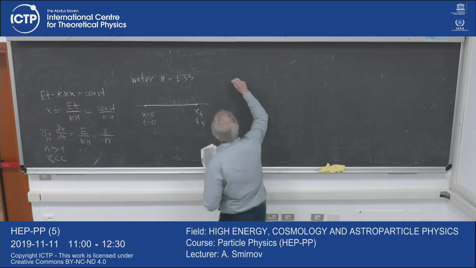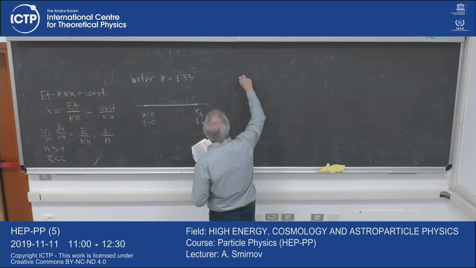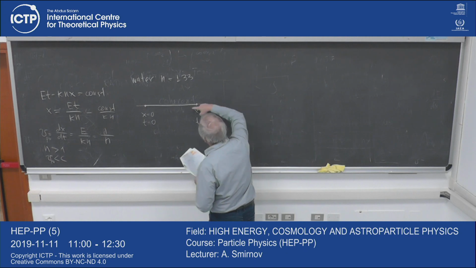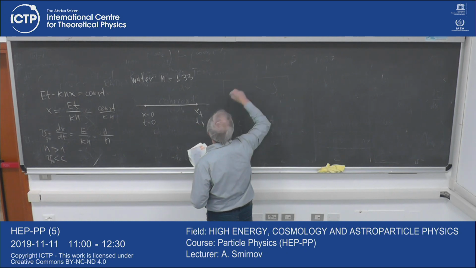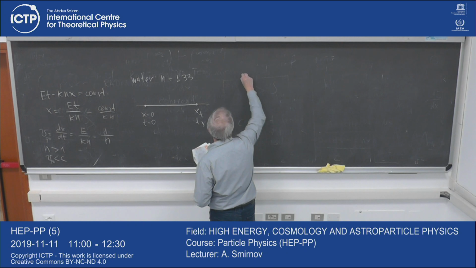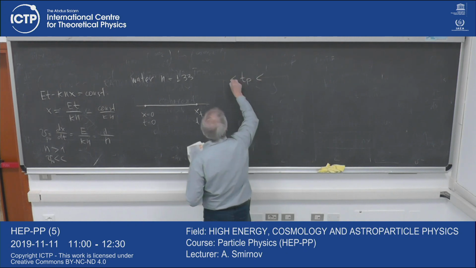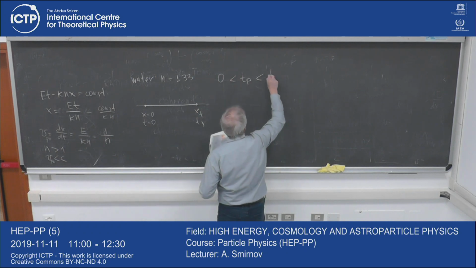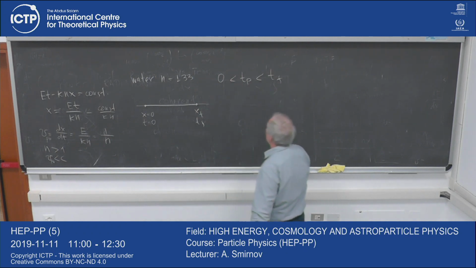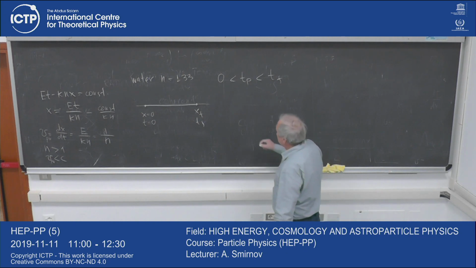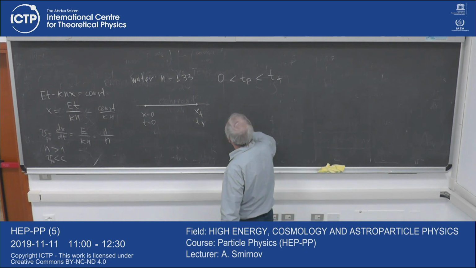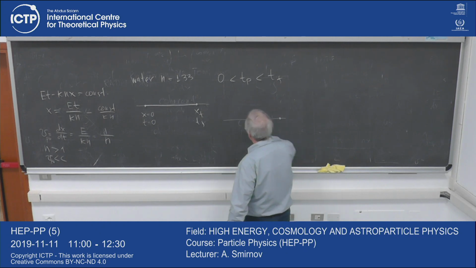So let us find the distance from the trajectory of the particle to the light at the moment of time t p, which is in between these two times. So where the light is, where the front of the light is at this time. Again, let me show this picture back.